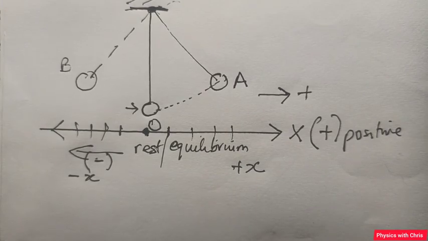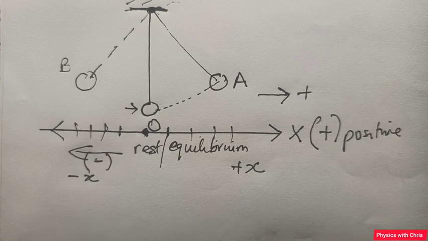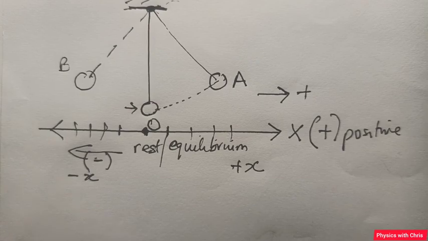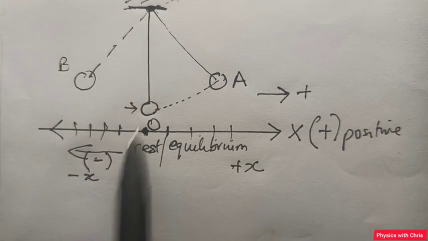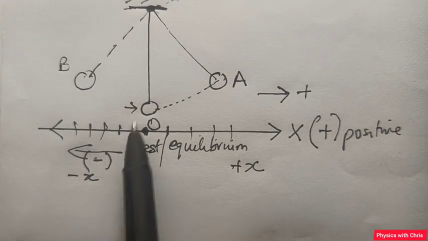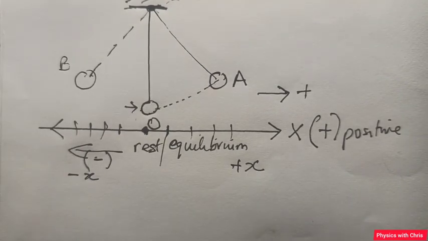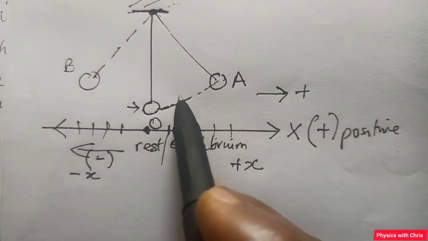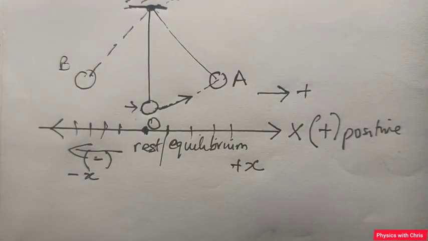Now, how about acceleration when the body oscillates between point O, point A, point B? Let's say the starting point of oscillation is still point O, and at this point, the body is given a slight push. It swings to point A. Now, when it's going towards point A, the direction of motion is towards the right.